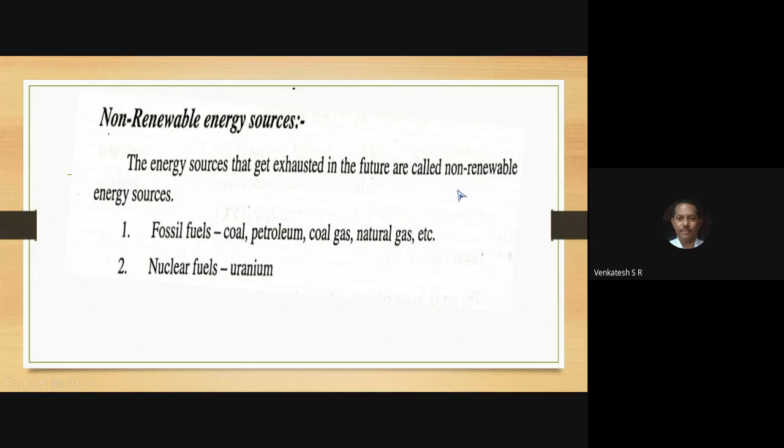Deep inside the earth, natural gas and coal gas are available. We can use it for heating, for generation of electrical power, for water heating purposes, and for running of the engines.